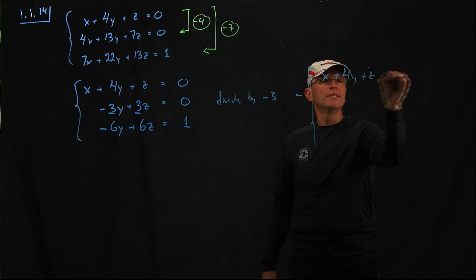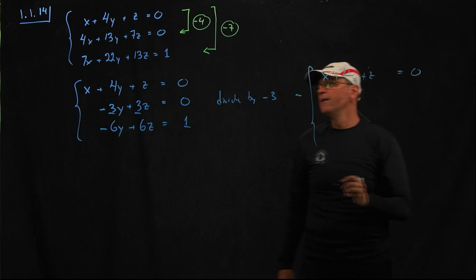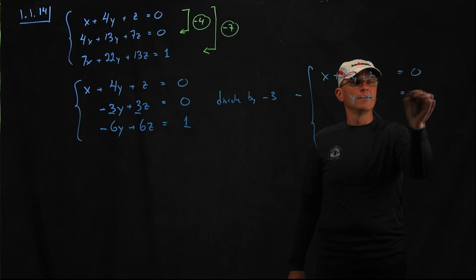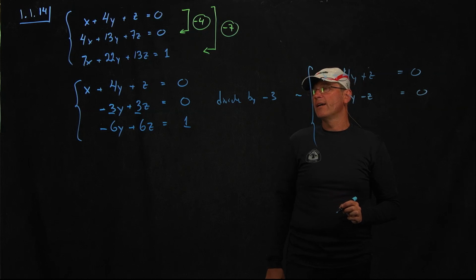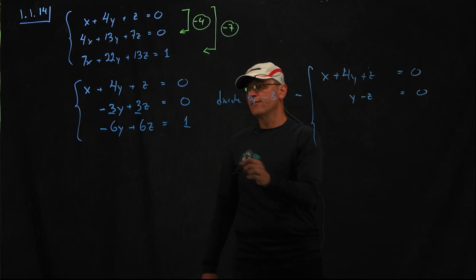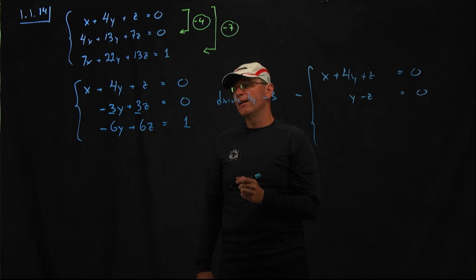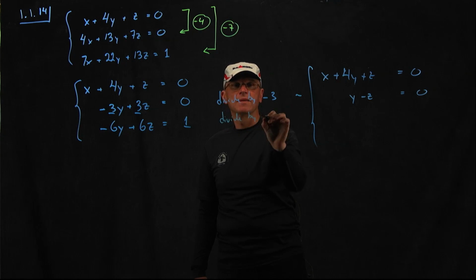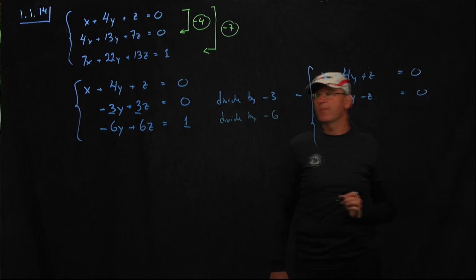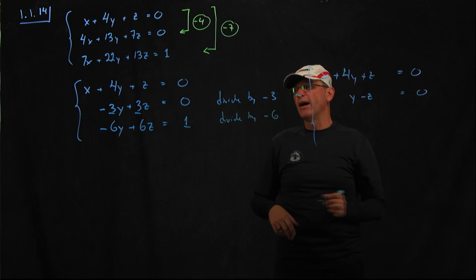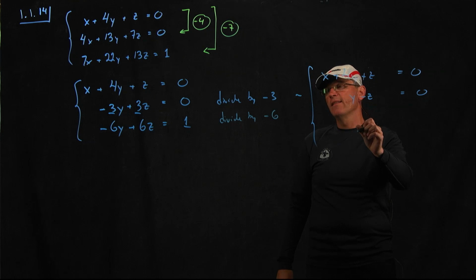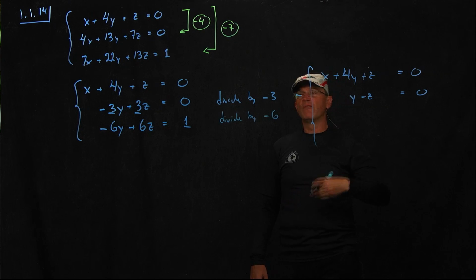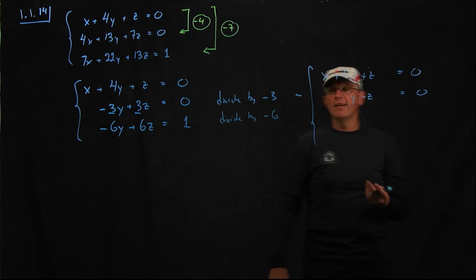x plus 4y plus z equals to 0. Then we have y minus z equals to 0. And let's just, we can divide this by -6, why not? Sometimes that's useful. Now we're creating a fraction, and in this case it's not going to be a big deal, but lots of times if you can avoid generating fractions, it's easier.